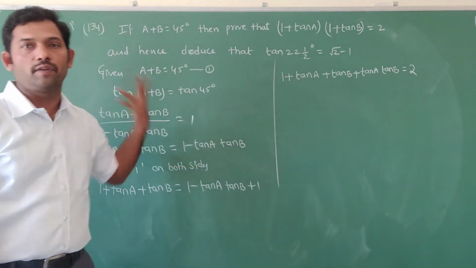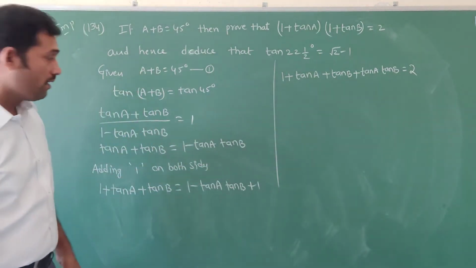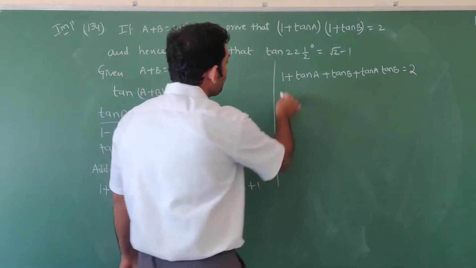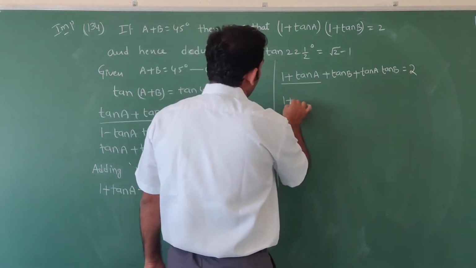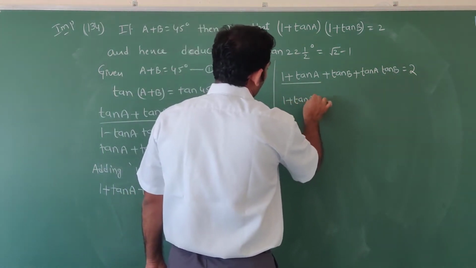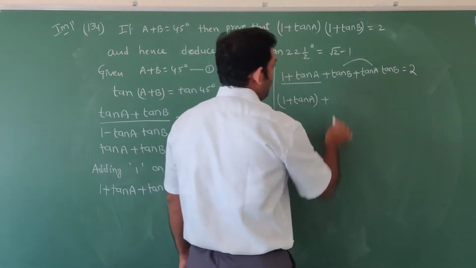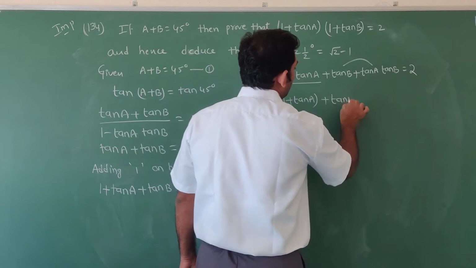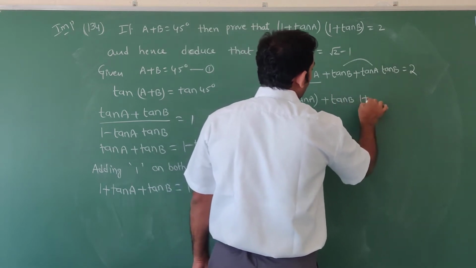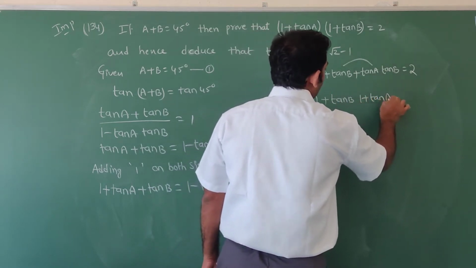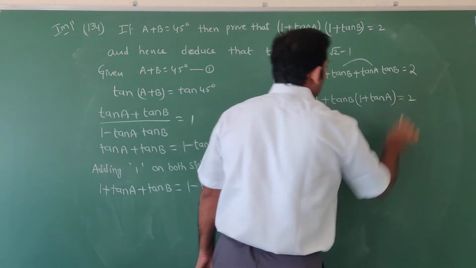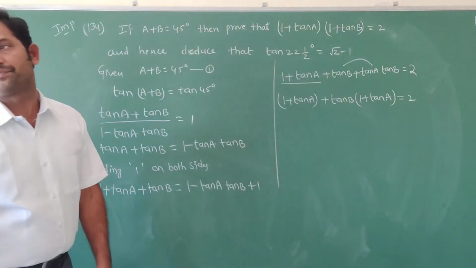All tan values on one side. Understand? So next, these two terms you write as one pair: 1 plus tan A, plus these two terms where tan B is common, so remaining 1 plus tan A. So it is equal to 2.